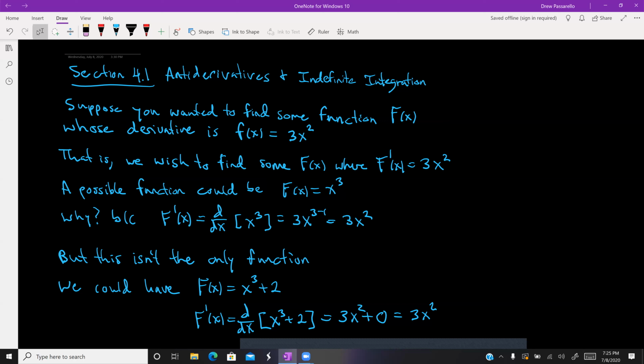The result that we get from integrating is called the indefinite integral. That indefinite integral consists of the antiderivative plus some constant. And that whole piece, the antiderivative plus the constant, is called a family of functions, which is the general solution.